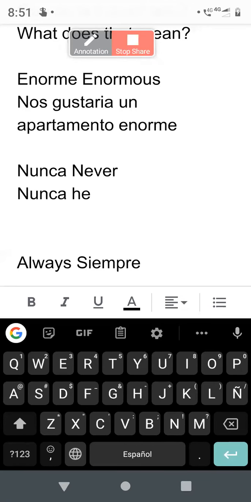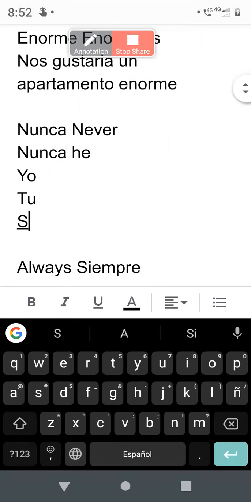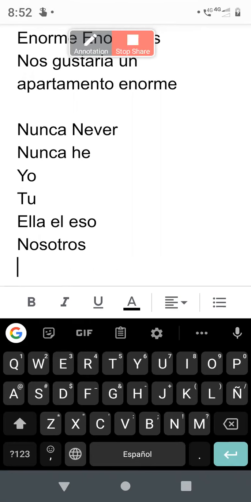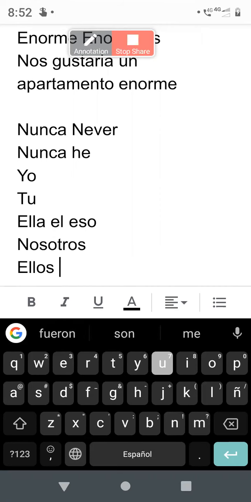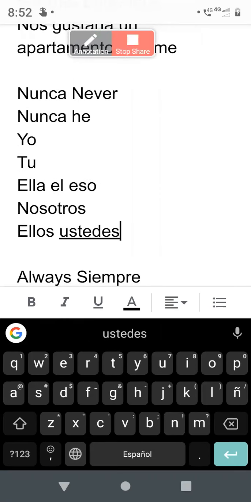We've got different conjugations: one for yo, one for tú, one for ella, él o eso, one for nosotros, and one for ellos and ustedes. These are the most important ones.